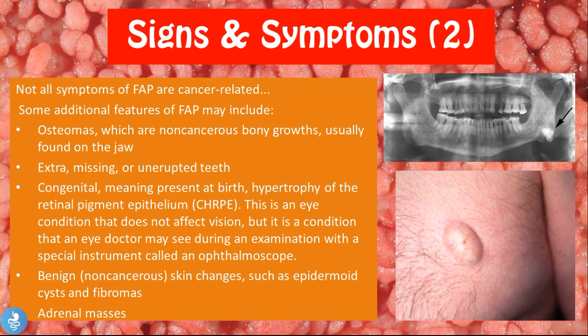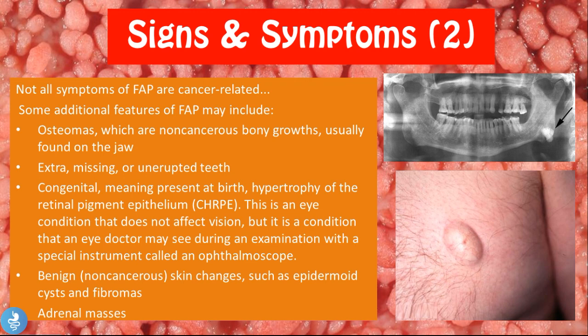So remember again that FAP is caused by this gene mutation, and that specific gene that is mutated is a tumor suppressor gene. So once the body is missing this gene, it means that it's unable to suppress the development of tumors. And tumors may be benign or they may be malignant. So if we look at this list of signs and symptoms, you'll see that a lot of them are tumor related.